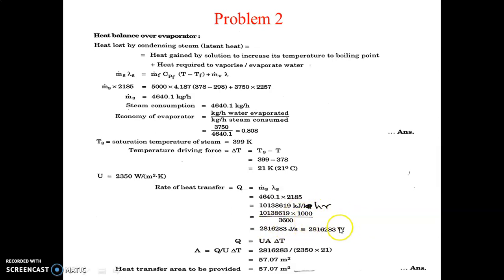Then you put Q as it is, U is already provided, A, that means area, is asked in the problem, and delta T we have already calculated. Rearrange this equation, take A to this side and the other quantities to the other side, so A becomes Q over U delta T. Put all these values and get the answer, which is 57.07 meter square.